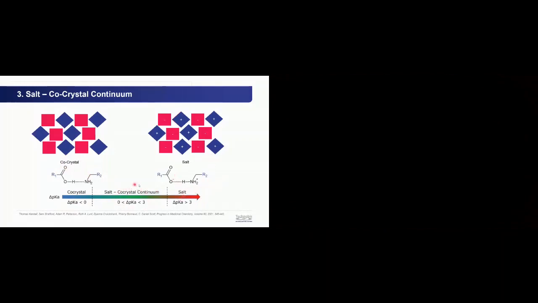And it's in this region in between where you can get these weird salt co-crystal hybrids, or even salt co-crystals where one end of a molecule is a salt and the other end is a co-crystal. It's not a well-defined region in here. And this pKa rule is not a hard and fast rule, but it's a good indicator of what's going to potentially be formed.